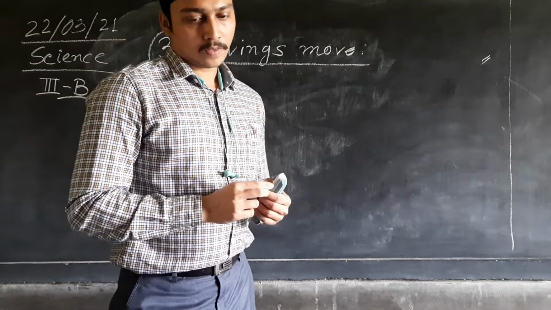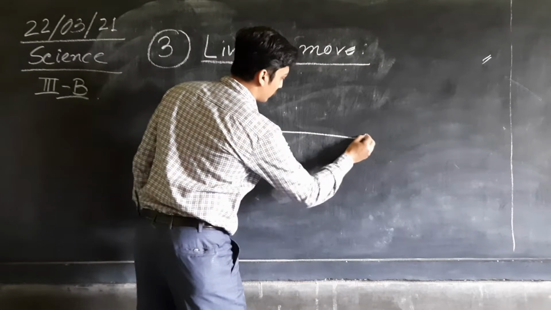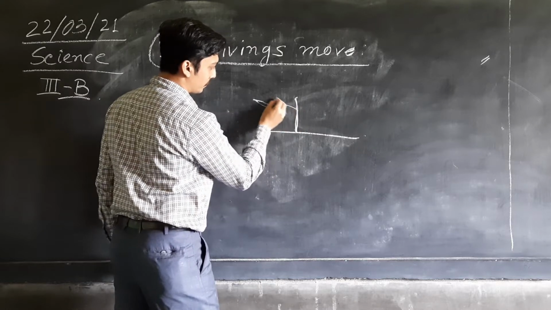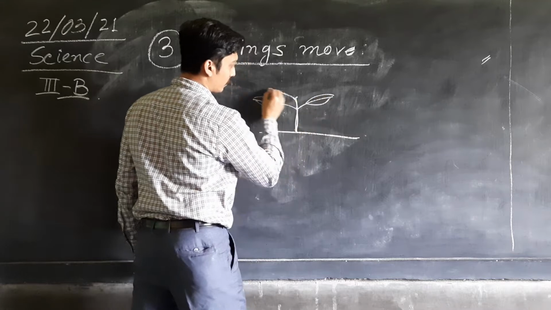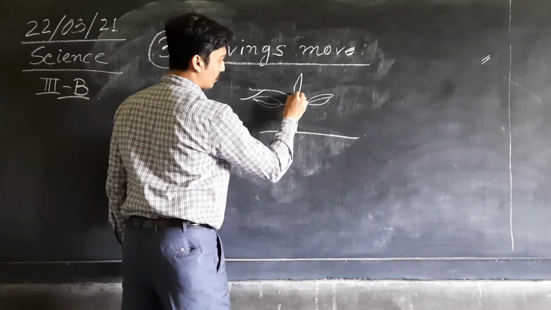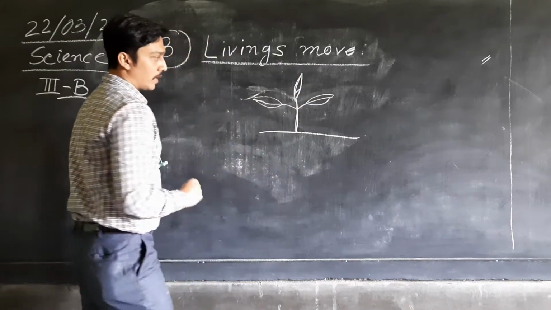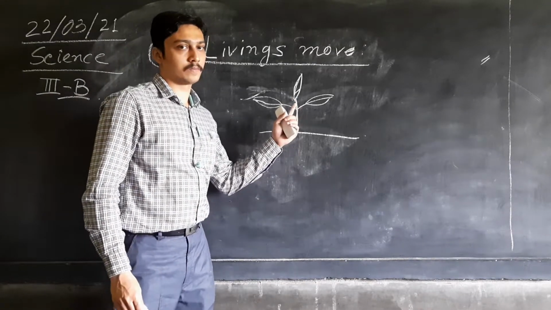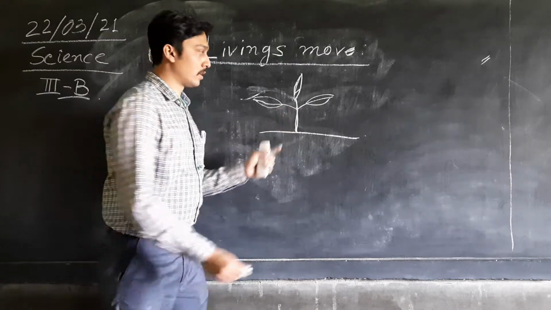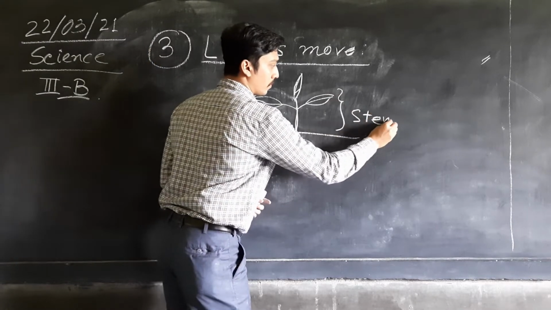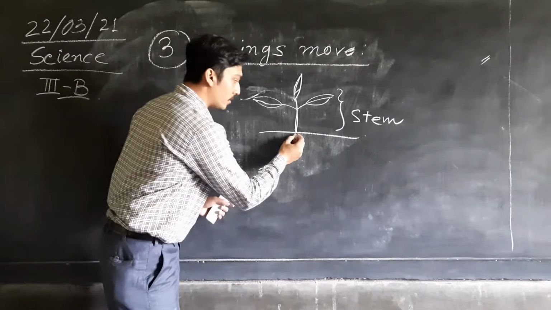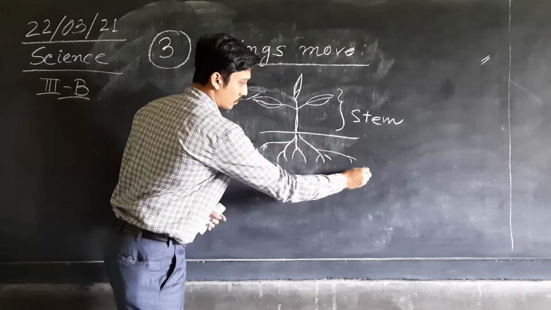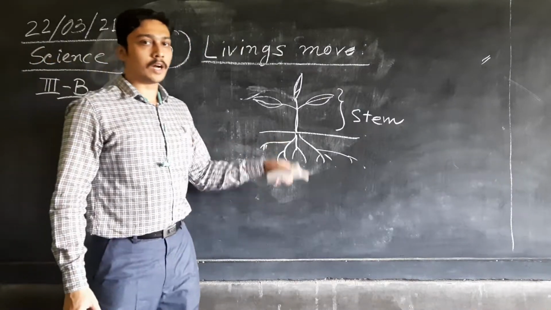If you see a plant, this stem grows in the upward direction, and its roots grow in the downward direction.